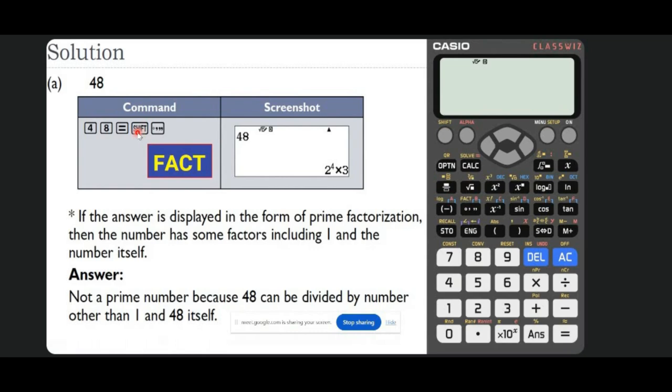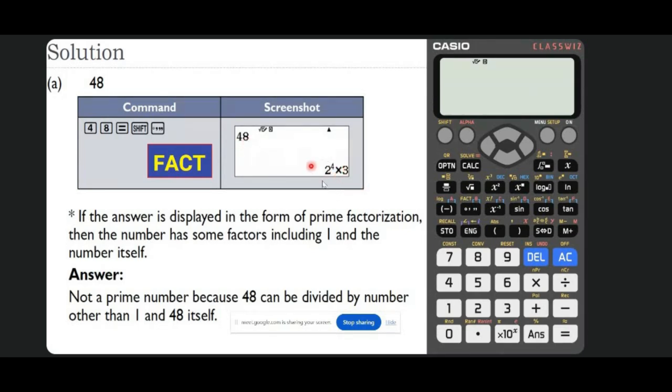So I press Shift and then this button, and I am able to use the yellow function here. When you press 48, equal, Shift FACT, you will get the answer 2 power 4 times 3. This means that 48 can be divided by numbers other than 1 and 48 itself, so it is not a prime number.